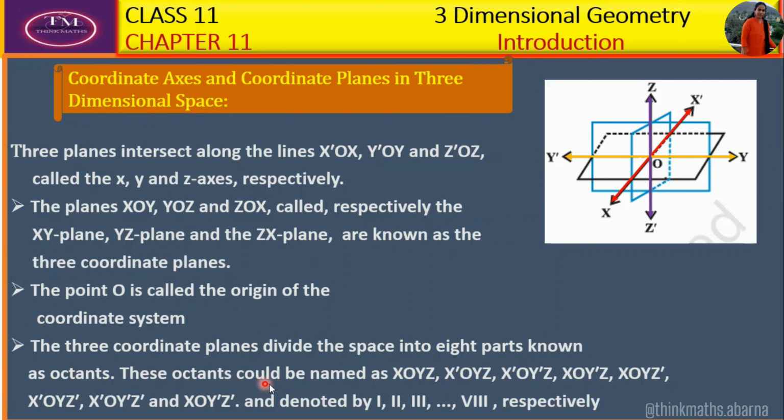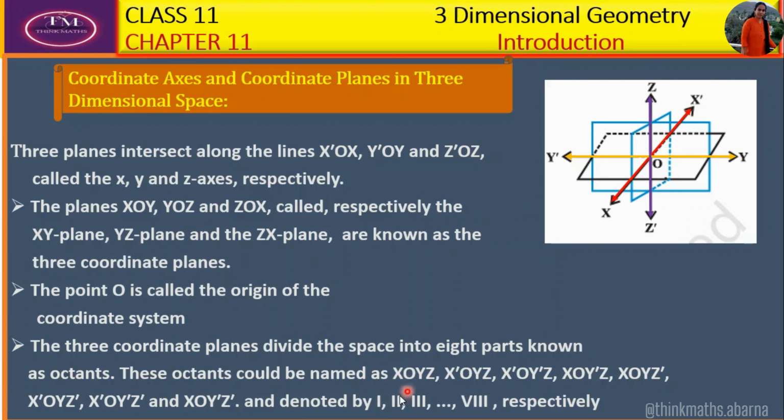They are denoted by the Roman numbers 1, 2, 3, 4, 5, 6, 7, 8. You have to learn the names of the octants in the same order so that you can find the octant numbers.